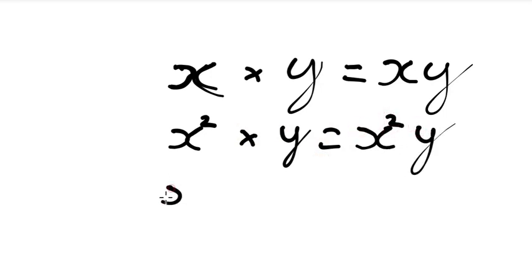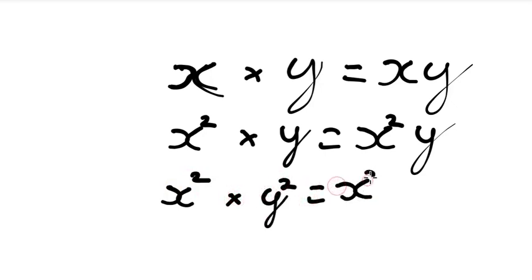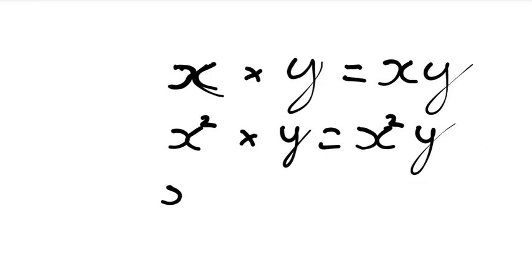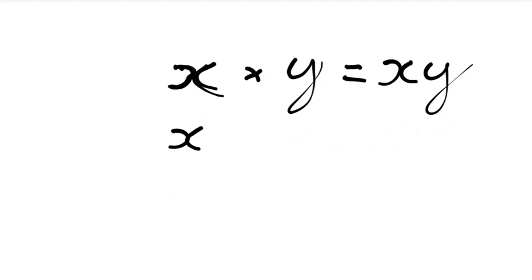And we could have x squared times y squared, and that would just be x squared y squared. You're kind of getting the pattern there a little bit? Cool. And then the coefficients, the numbers that are attached to those, would work just as they did previously.